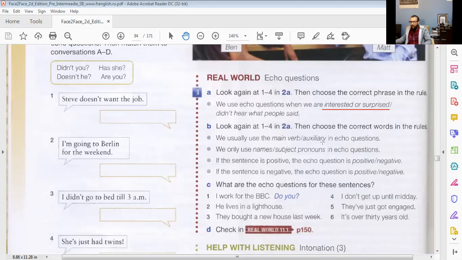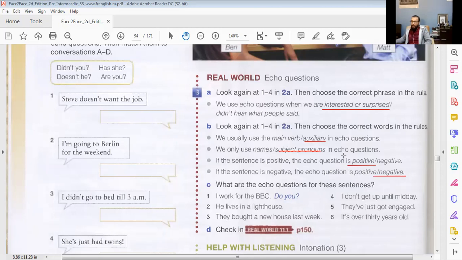What do we use when we make an echo question? Auxiliary. Right. It says we use names or subject pronouns in echo questions. Subject pronoun. Right. If the sentence is positive, the echo question is positive or negative? Positive. Right, it's the same. And if the sentence is negative, this means the echo question is negative.